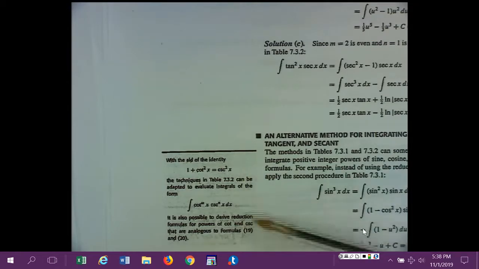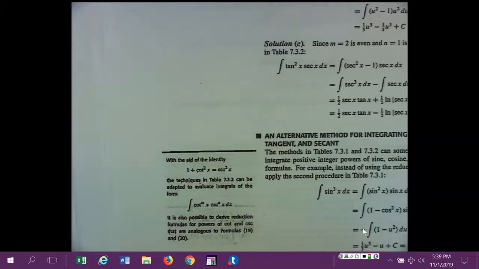Just know that it does say there are reduction formulas out there for these types of situations. And there are also tables for this type of situation. They're just not discussed in this section. But it does say that they can be derived.